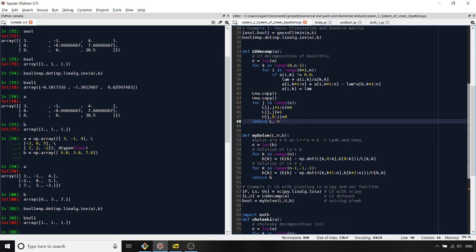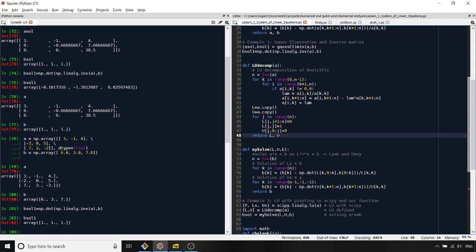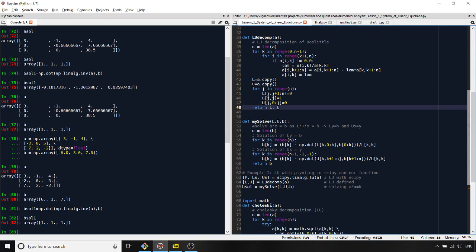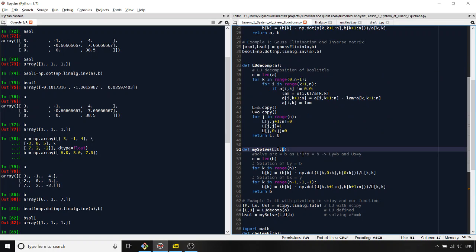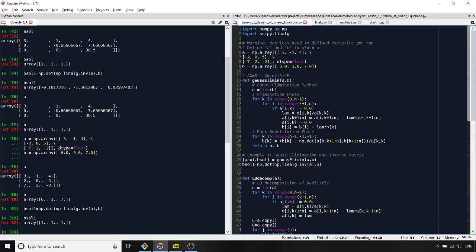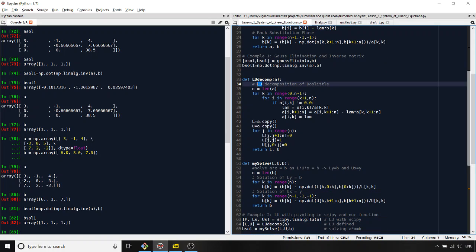Then once we get the LU decomposition, we can use it to solve the system. We can solve using L, U and B. The original system is, as I told before, AX equals B. So we are just decomposing A into the LU part.